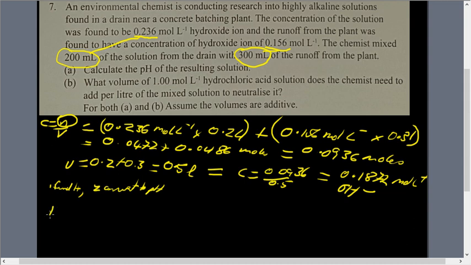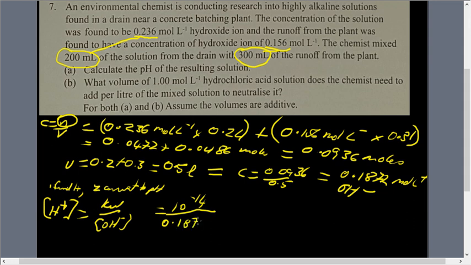The hydrogen ion concentration is going to be equal to Kw divided by the concentration of hydroxide, which is 10 to the minus 14 at this temperature, divided by 0.1872, or 1.872 times 10 to the minus 1.